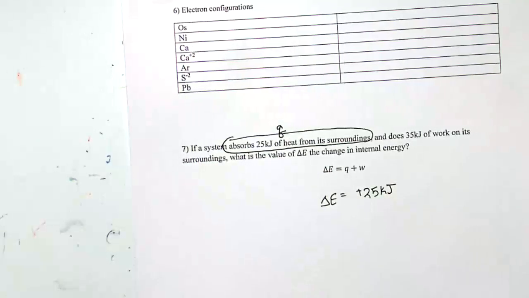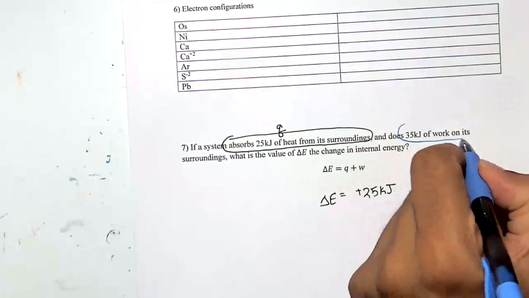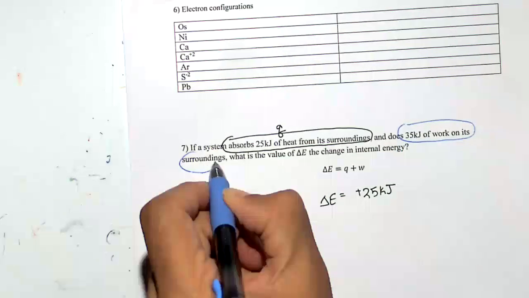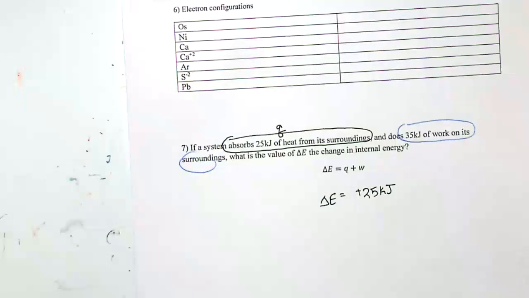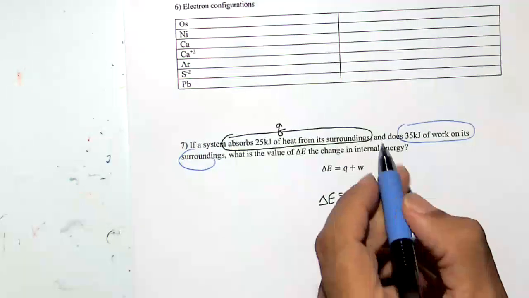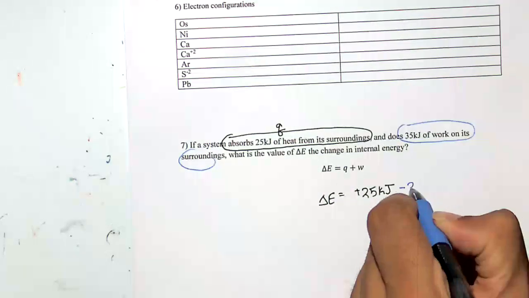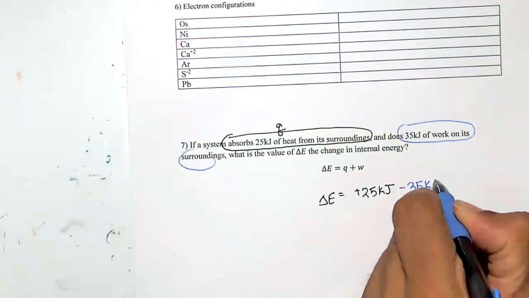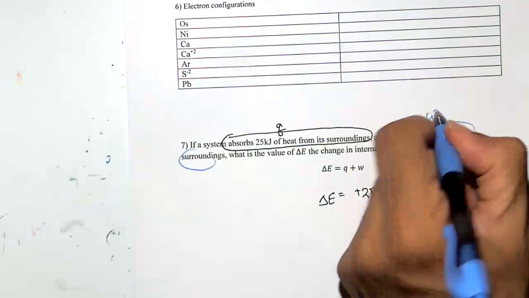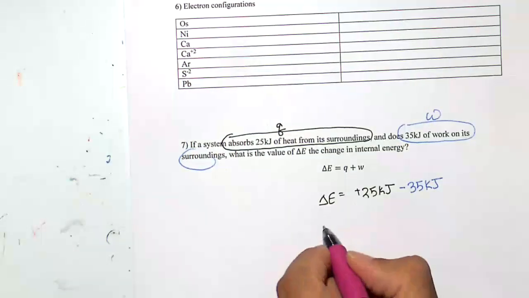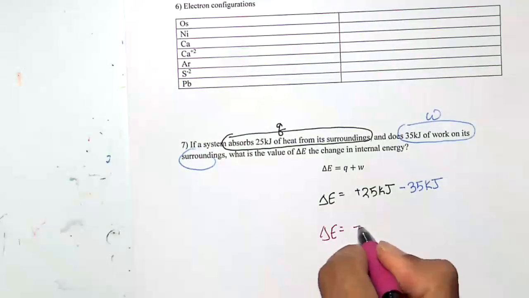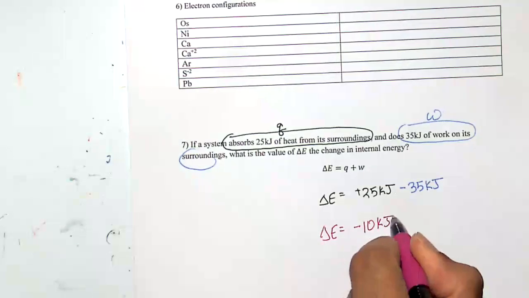And does 35 kilojoules of work on its surroundings. Is that positive or negative? Negative. Good. Okay, this is work, W. So what would be the change in energy of the system? Negative 10 kilojoules.